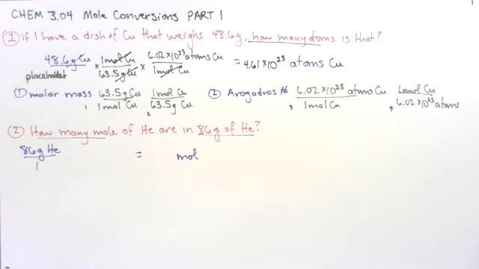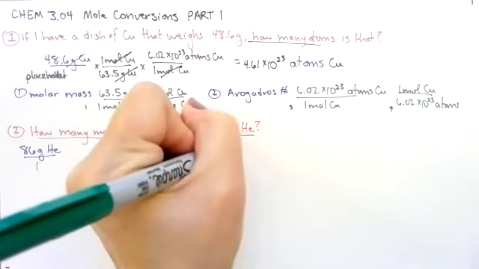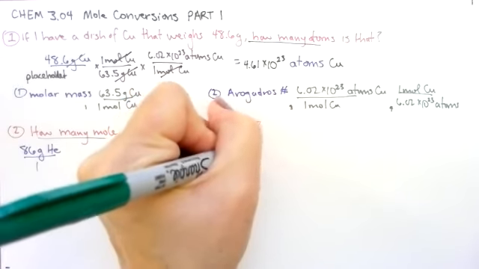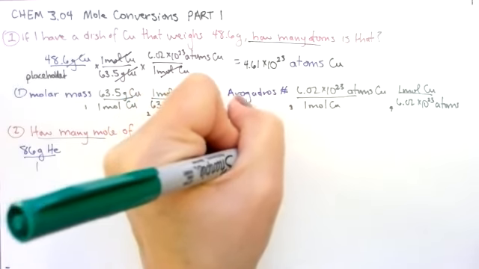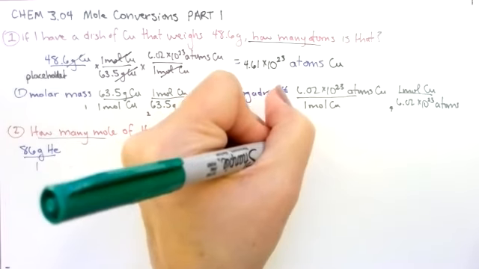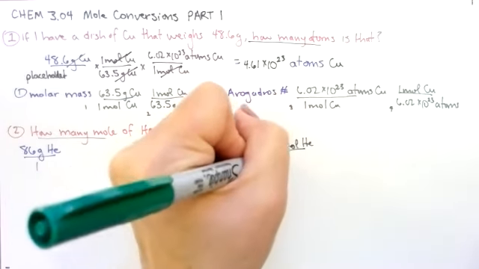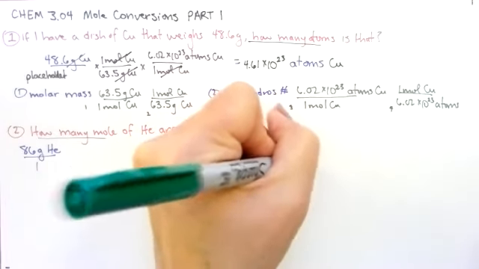Next thing I need to do is to assemble my conversion factors. When I look on the periodic table, I see that the molar mass is going to be 4 grams of helium in 1 mole of helium. I'm going to write these both ways.